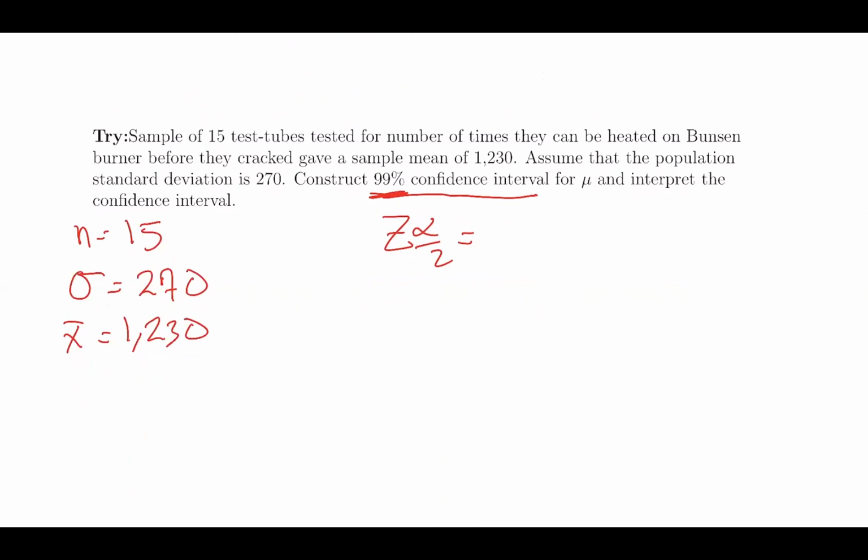Also, would it be 2.576 for the Z? What was that again, Mallory? Kind of cut off a little bit. For the Z, is it going to be 2.576? Yeah, good. Okay. 2.576.